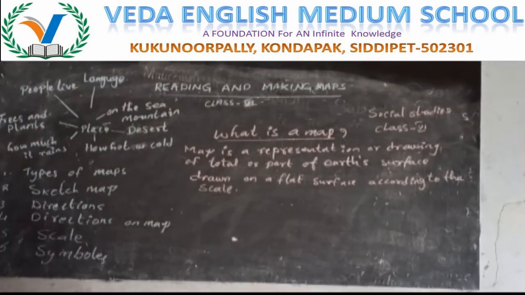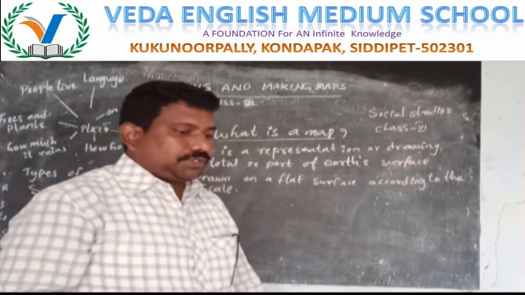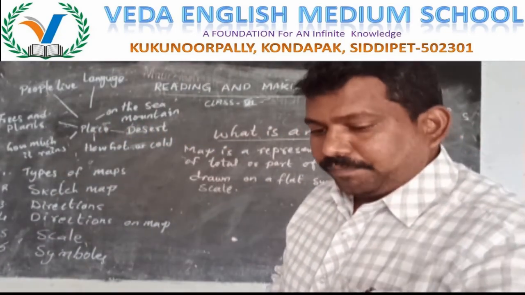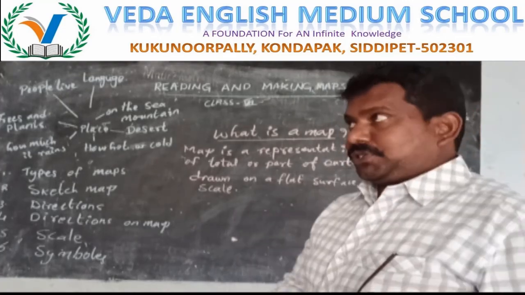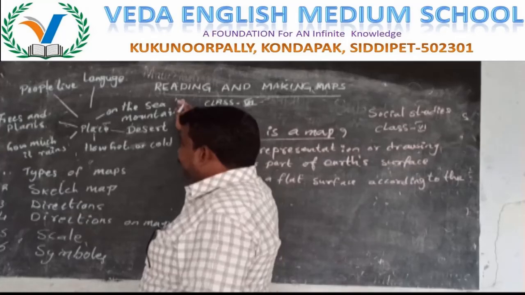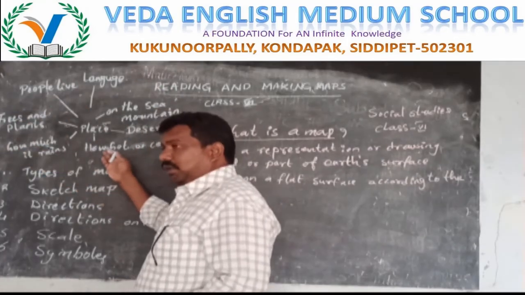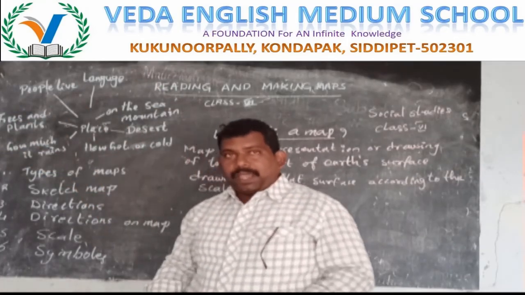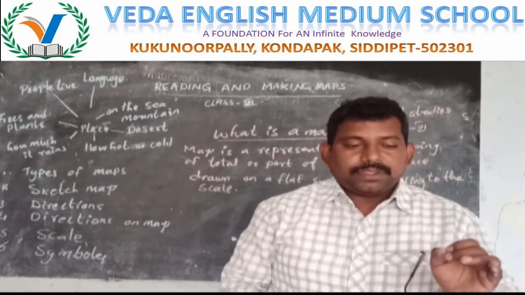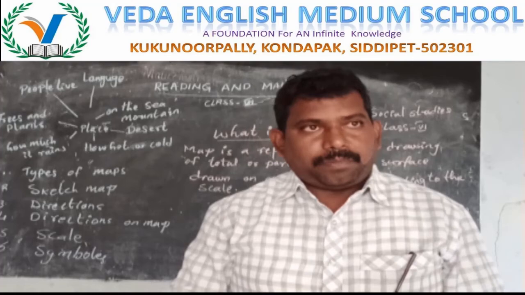Okay, next we go to the types of maps. Here we have different types of maps. As I told you, we cannot get all this information from a single map, so we have to go through different kinds of maps.